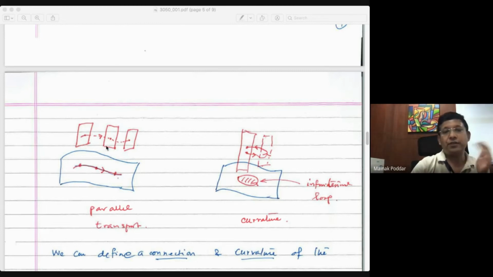Now I need some horizontal direction. The tangent space of the total space has dimension of the manifold plus the fiber, and you have some vertical direction, which is the fiber direction, but horizontal direction is something that is what we call transversal to this vertical direction.